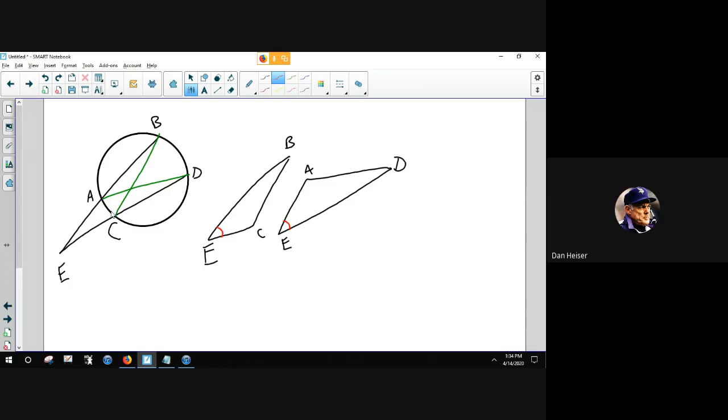Since both angles are the same type and they both make the same arc, they both are the same measure. That gives us two similar triangles, which will allow us to create a proportion. Triangle EBC, similar. Triangle EDA, that's using angle.